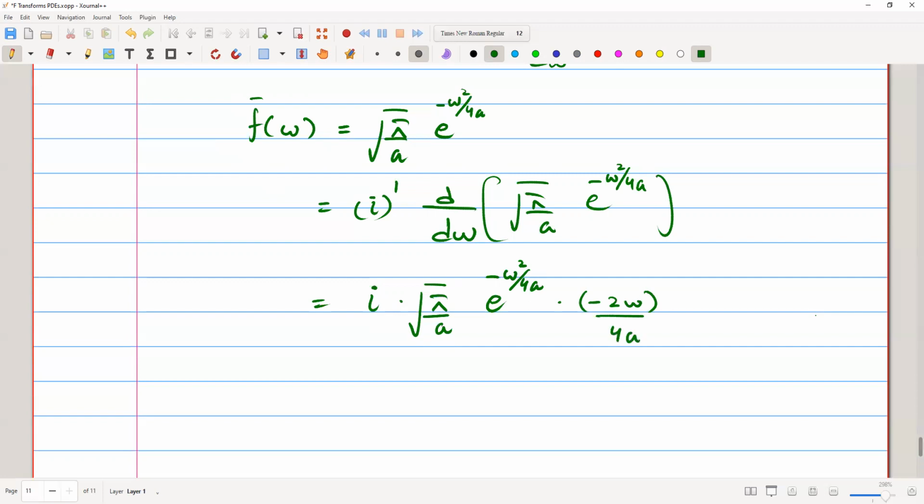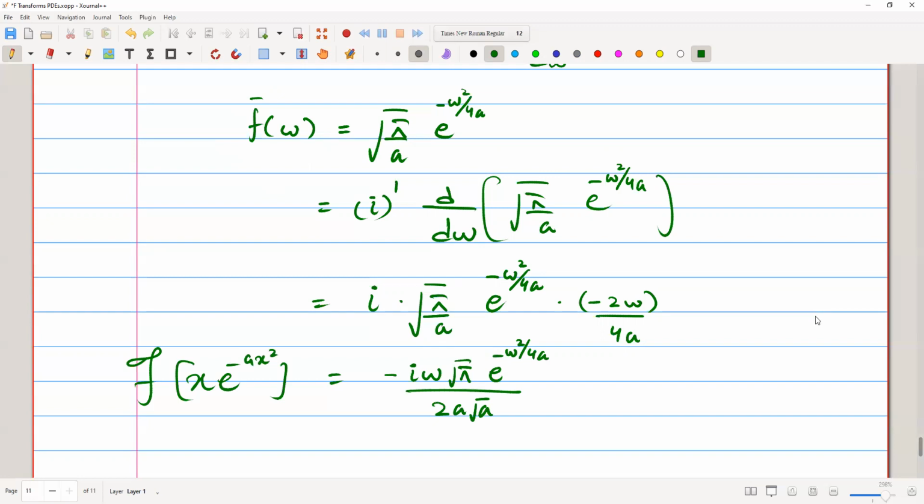Okay, so now we differentiated this function, and we can simplify, so it will be negative iota omega square root of pi times e to the power negative omega squared over 4a divided by 2a square root of a, right? So now this is the Fourier transformation of this function, that is x e to the power negative ax squared.